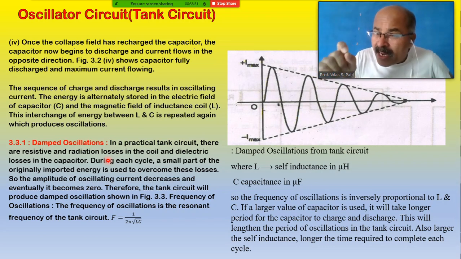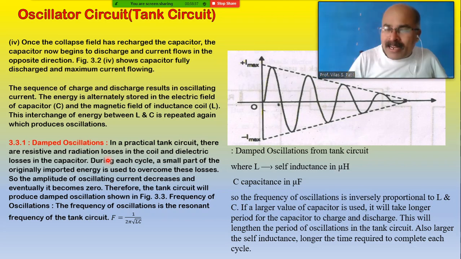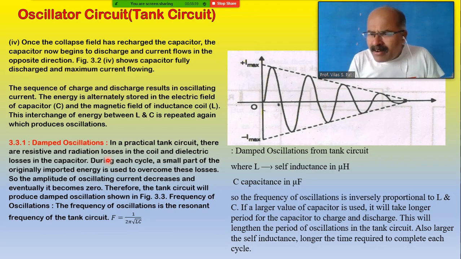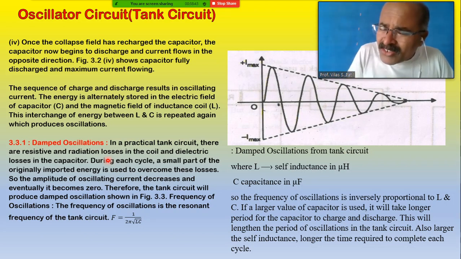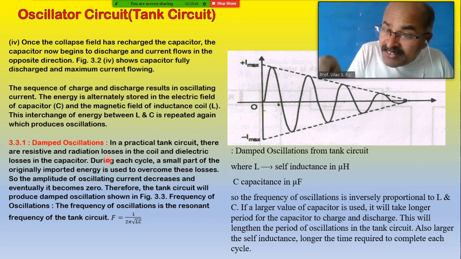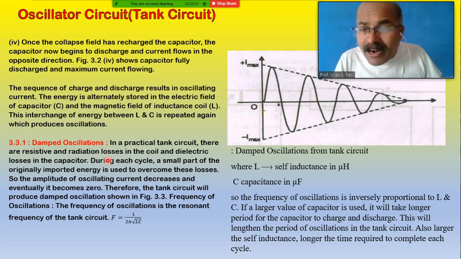Each and every coil in the universe has resistive losses, known as ohmic losses. Each wire of a metal has a resistance, and if current is passed through that wire, the resistance opposes the flow of the current. Means there will be losses.